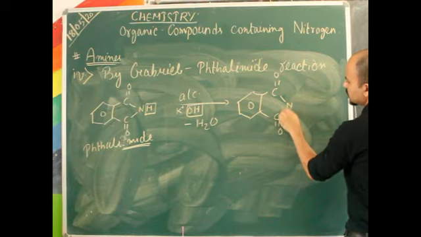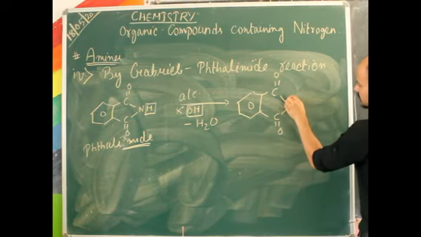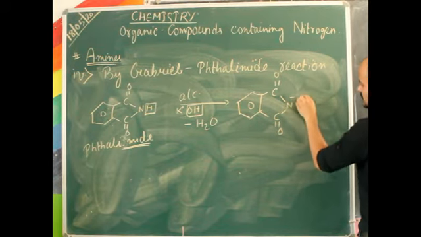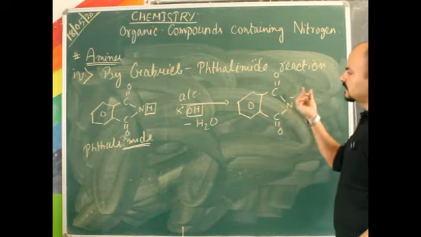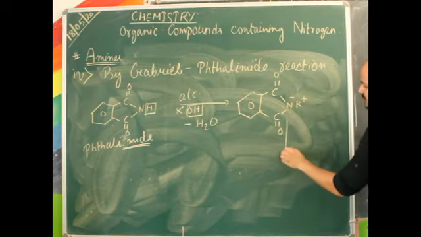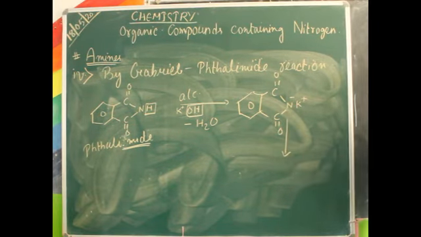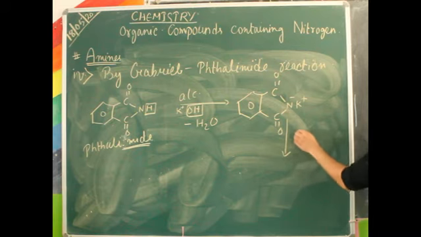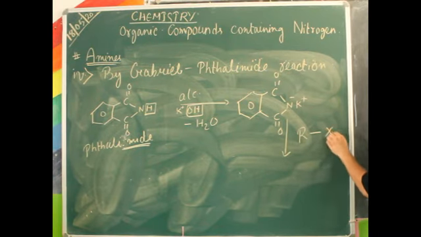Now here nitrogen is present, and here since it is negative, now potassium, which is positive charge, will come nearer to N. Now in the second reaction, whenever it is treated with alkyl halide, this is delta negative, as you know, this is delta positive.